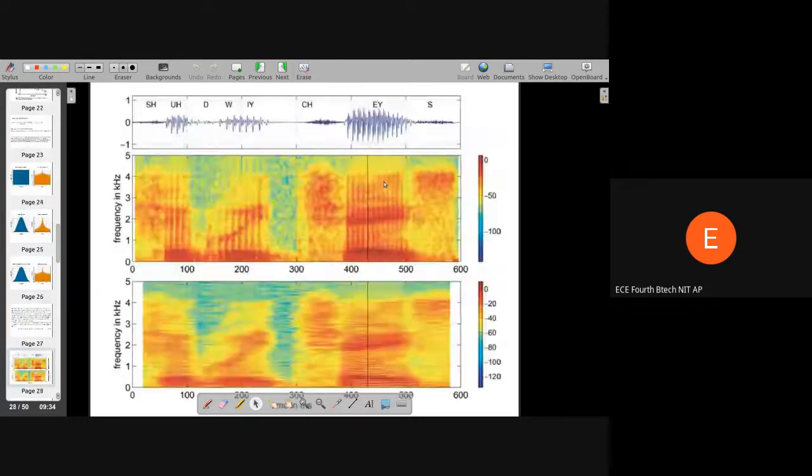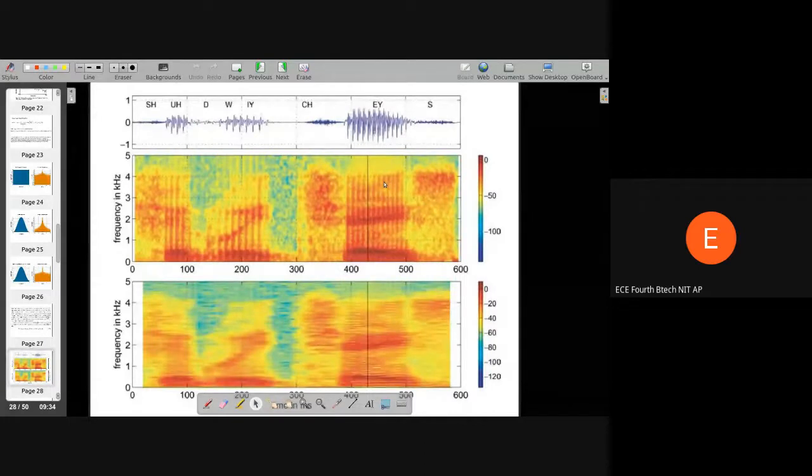We then went on to the spectrogram. As we saw, there is a wideband spectrogram and a narrowband spectrogram. How do we get that? Wideband spectrogram means the main lobe of the window is large. Then we see vertical striations, which help us see how the formants are changing over time.